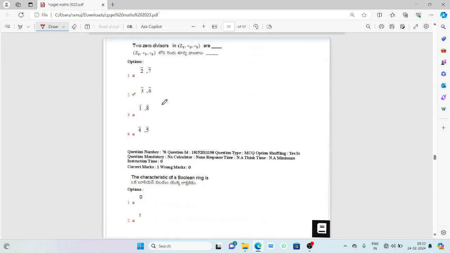And the next one: two zero divisors in the Z9 ring. So he is asking for the two zero divisors of the Z9 ring. When we say that two elements are zero divisors, suppose I take two elements A and B from a ring and do the binary operation, it gives you 0, but these two elements are never 0: either A is not 0 or B is not 0.